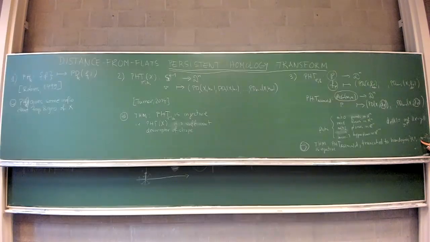Now, why is this cooler than the previous case? Calculation of persistent homology in degree k grows exponentially with the degree k. So the fewer homological degrees we need, the better. And actually, it's not only that.